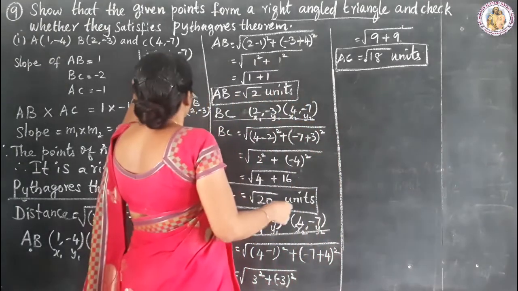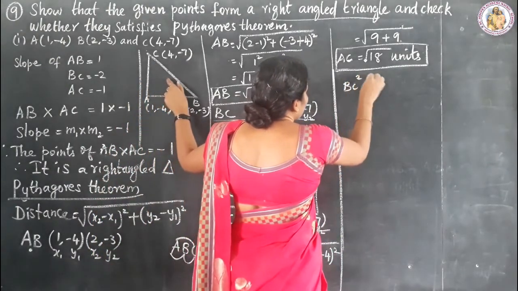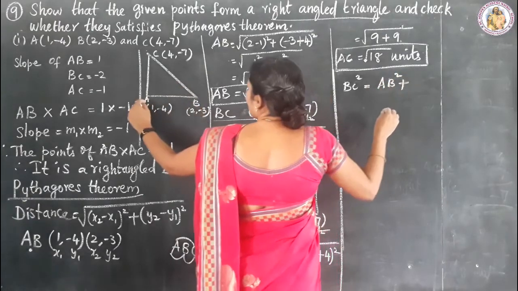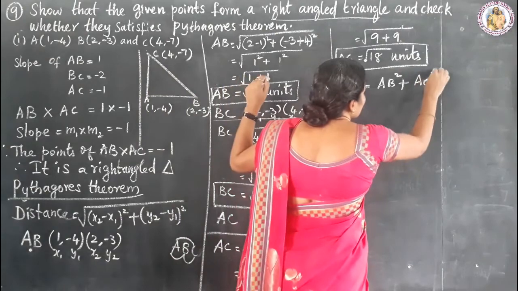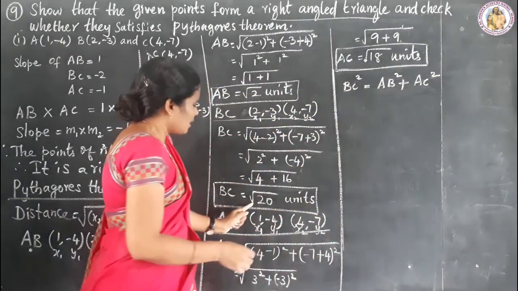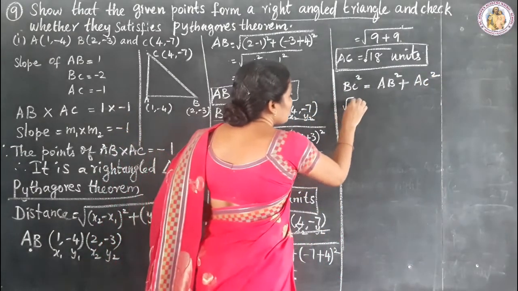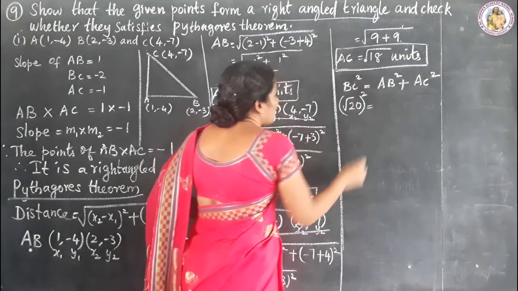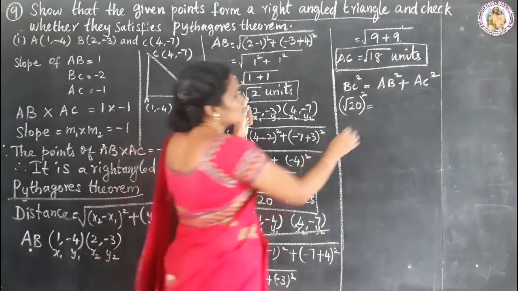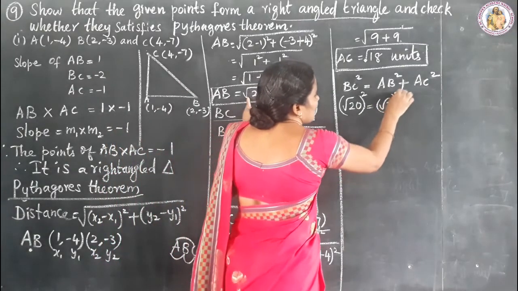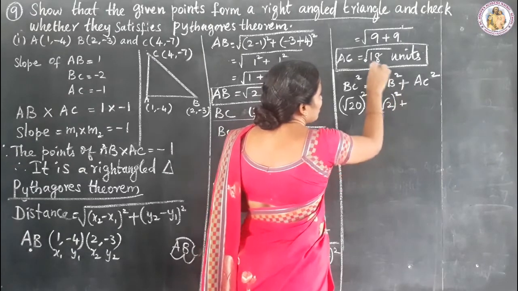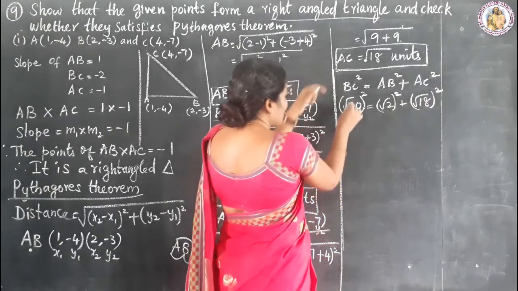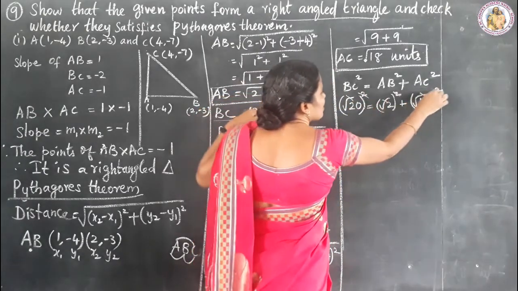And by Pythagoras theorem, BC square is equal to AB square plus AC square. For BC, it is root 20 units. So BC is root 20, squared, and AB is root 2, squared, plus AC, root 18, squared. Now the root and the square cancel.